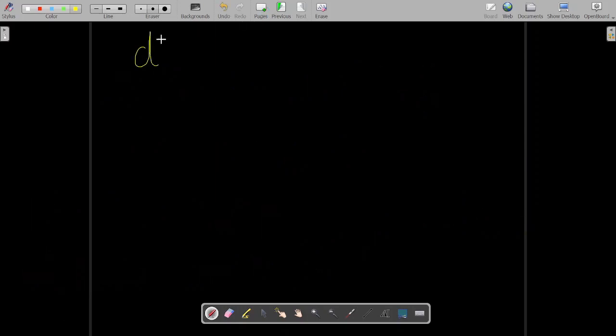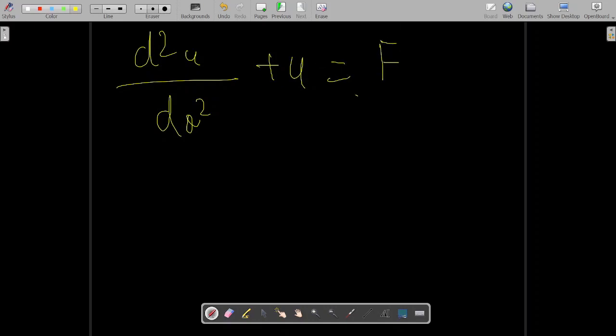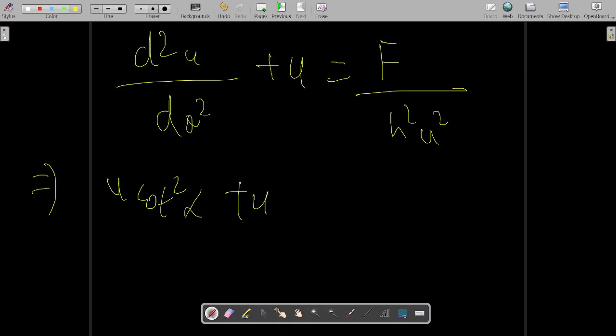It is d2u by d theta 2 plus u is equal to f divided by h square u square. So d2u by d theta 2, its value you will substitute over here. So what do you get? You substituted u cot square alpha plus u is equal to f divided by h square u square. You got this?